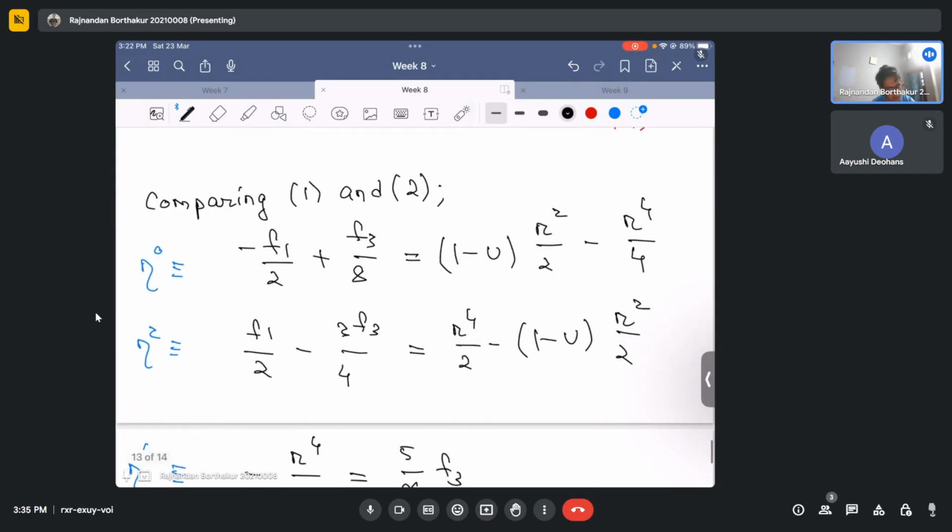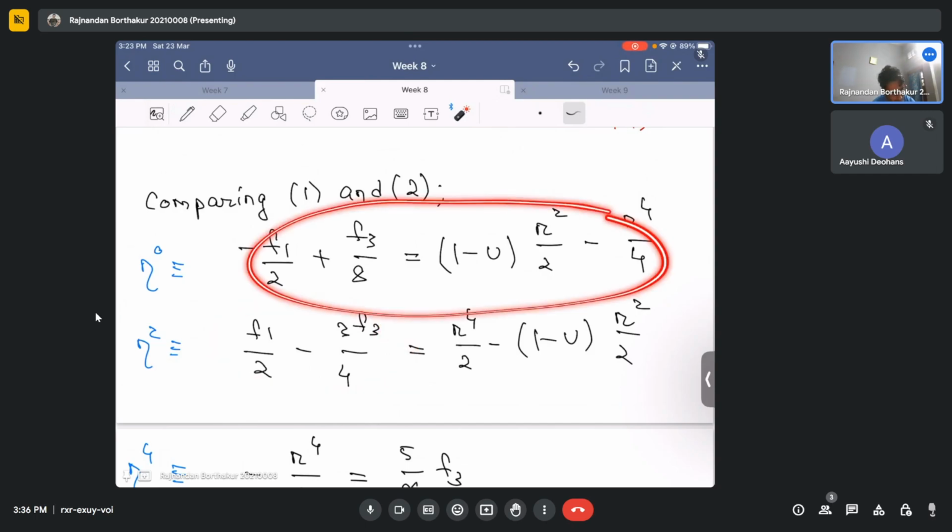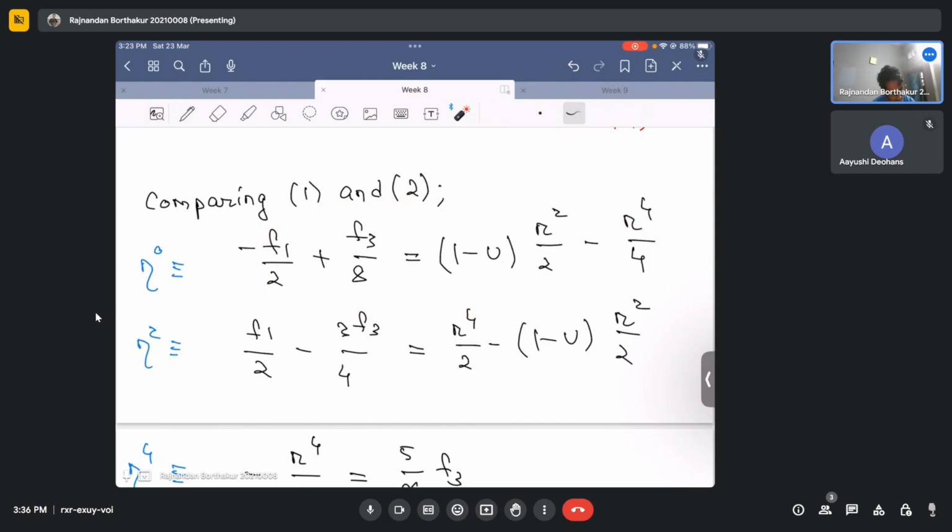Let's now use this. We have two equations, but what I see is that this equation is this multiplied by this r power 4 by 4, and there is this.